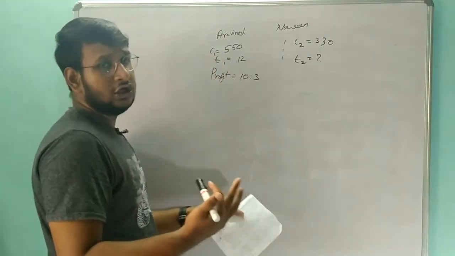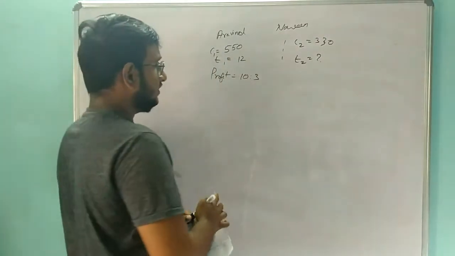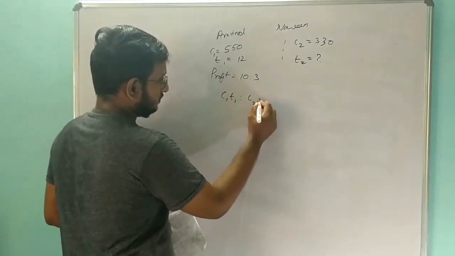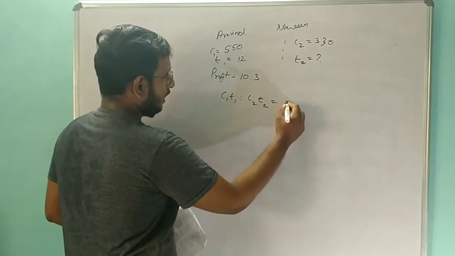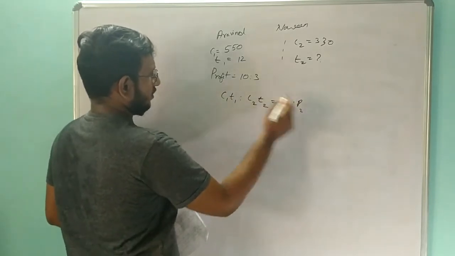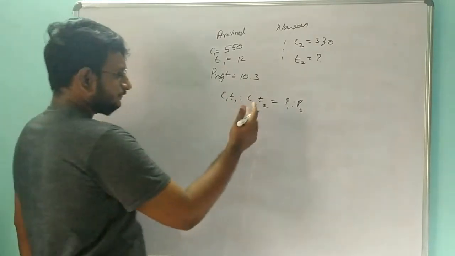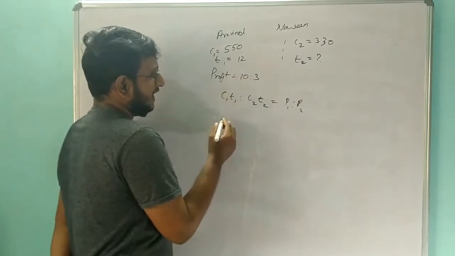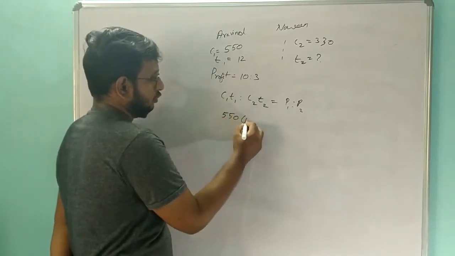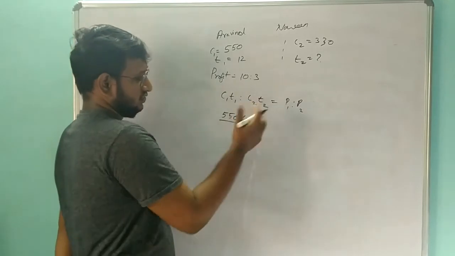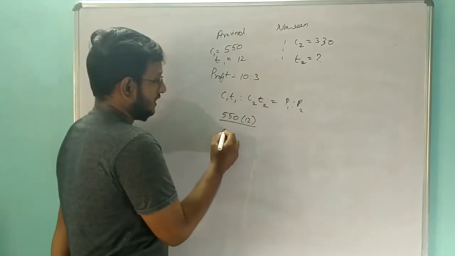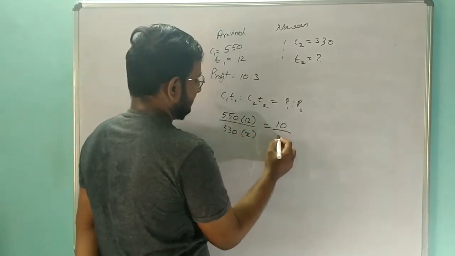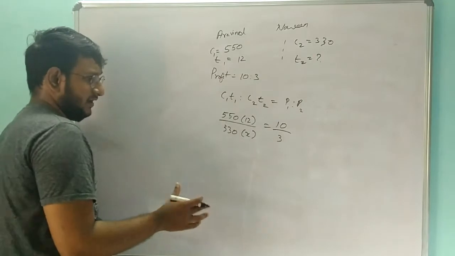Now we are going to use the third scenario, that is C1 into T1 is to C2 into T2 is equal to P1 is to P2, that is the profit, 10 is to 3. By substituting all the values, we have 550 into 12. Since it is a ratio, we can divide it, so divided by 330 into x is equal to 10 is to 3. We cross multiply it again.